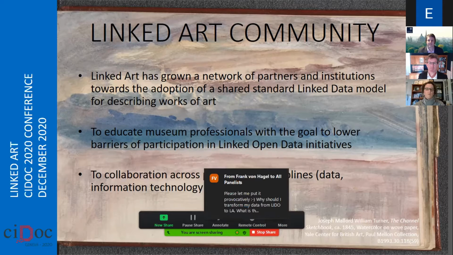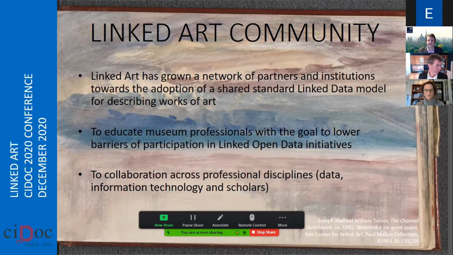And so there is a strong emphasis in our community here to try to provide tools and opportunities for museum colleagues to learn more about linked open data in general, and specifically about linked art. And we're very focused also on trying to foster collaboration across disciplines. So certainly we talk a lot with data people, but also scholars and provenance experts and other collections managers.